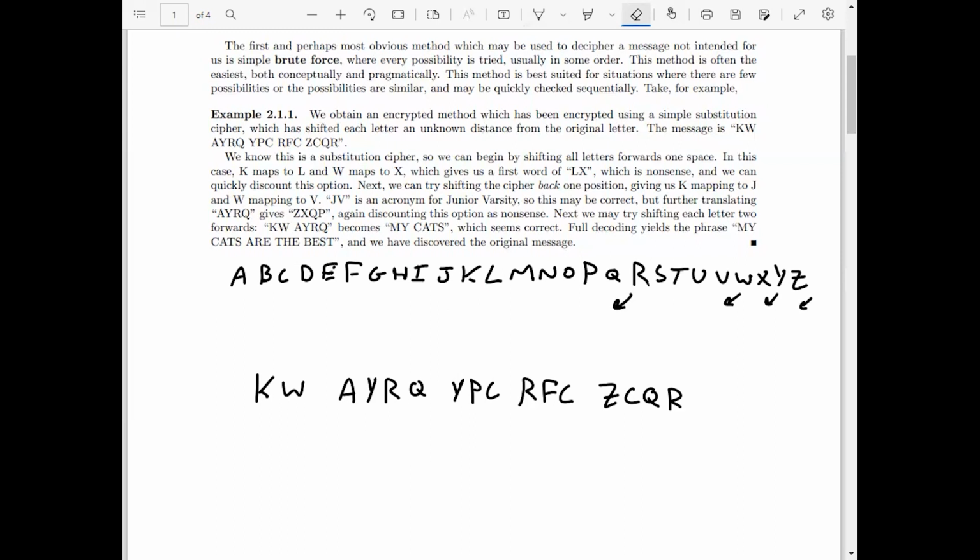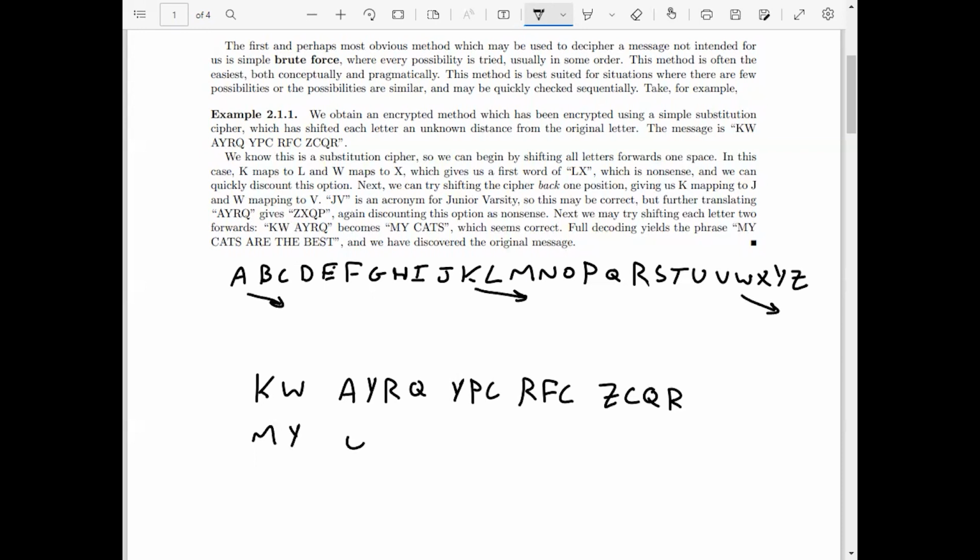Alrighty, well, if they didn't shift it one forward and they didn't shift it one backwards, we can try shifting it two forwards. Now the first letter K goes to M, W goes to Y, already off to a good start, a pretty common word.